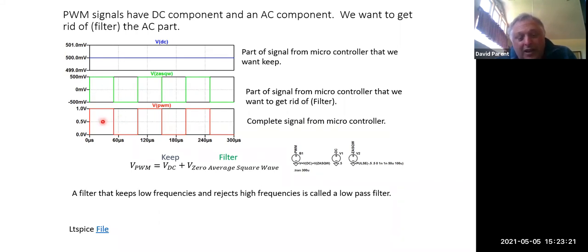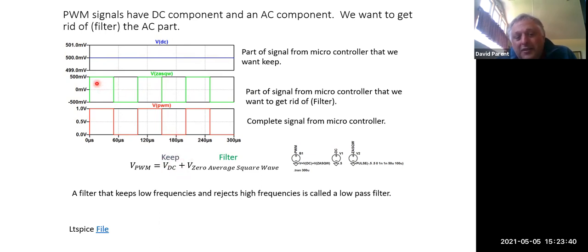So what's A naught? It's a half. And so there it is in time. And then here's what's changing in time, minus 500 millivolts to plus 500. And the whole point of this is to keep the DC.